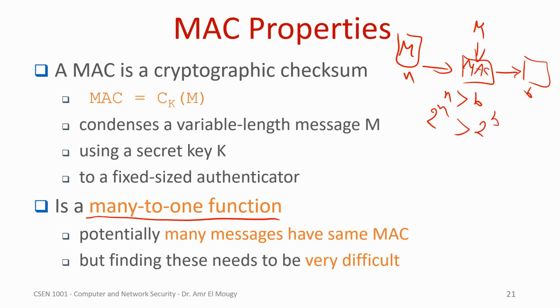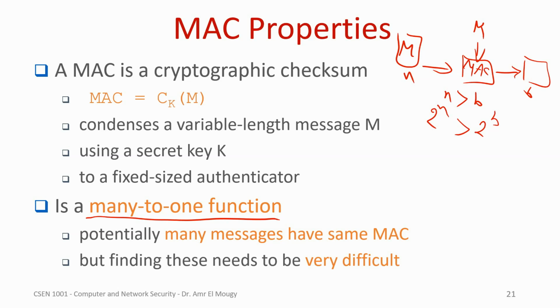So you have several messages that may result in the same MAC. So an attacker theoretically can be able to find an alternative message that has the same MAC. If the attacker is able to find this alternative message that has the same MAC, the attacker can then swap these two messages and the receiver would not be able to detect the difference.